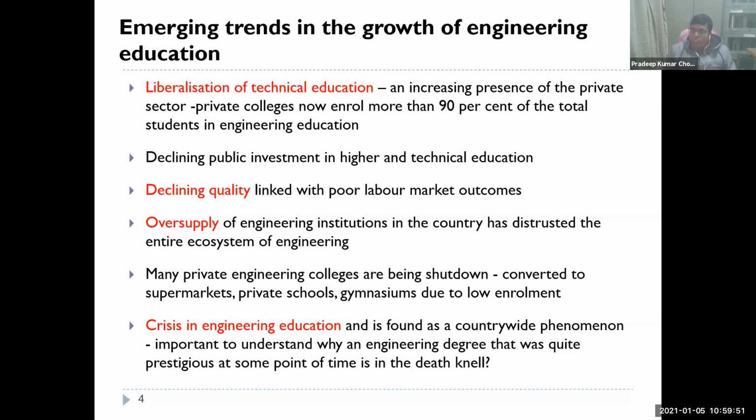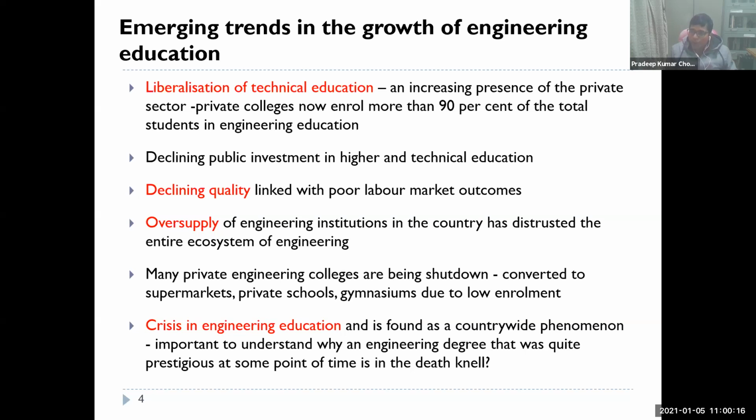That led to, and this is an important point, declining quality. The low public investment in engineering education and the massive expansion of the private sector both led to the decline in quality in engineering education. That is the kind of argument that is put forth in the literature. And all that led to poor labor market outcomes.